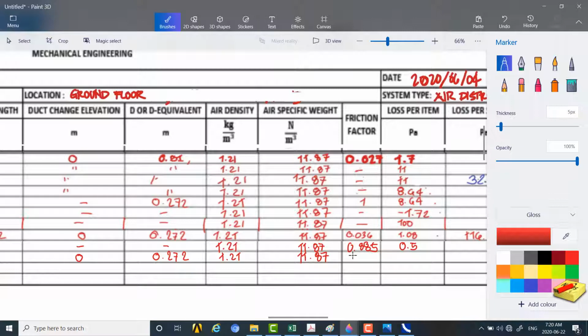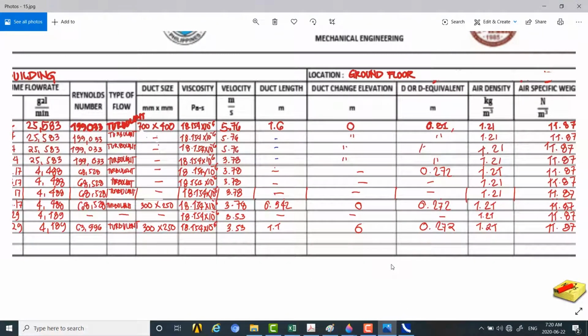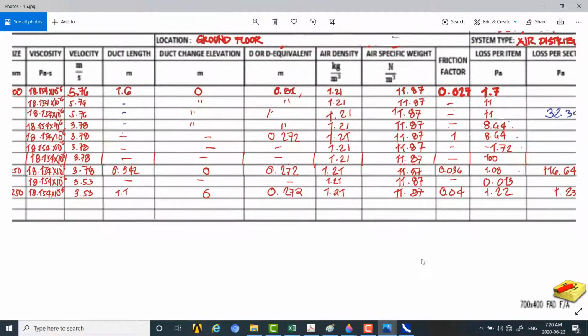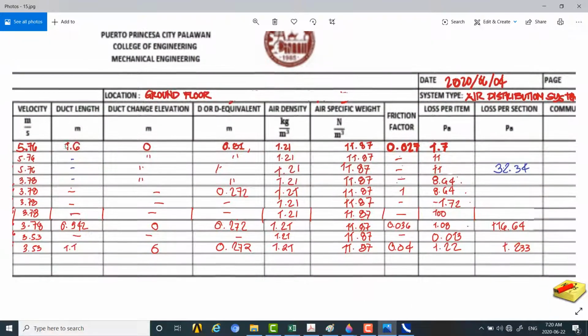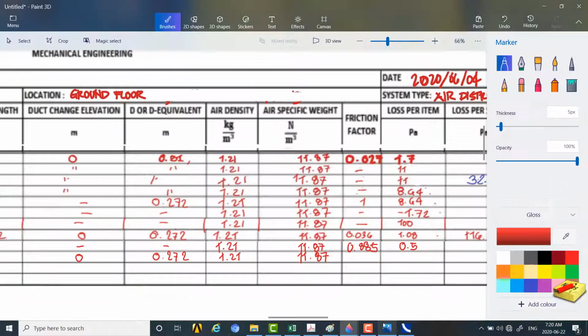So again, we can use that value, since they have the same characteristics, same temperature, same viscosity, and same length, so we can use the friction factor that we have gotten, that is 0.094. So we don't have to compute, we can use that one because we have the same length. So this will be 0.04.